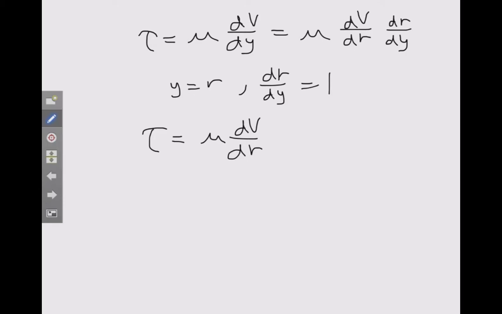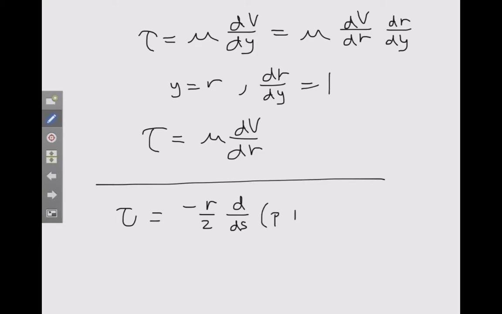But we also saw before that tau is also equal to minus r over 2 times d/ds of the piezometric pressure. I believe what's going on here is that the book is defining this from point 2 to point 1 in the flow, and I'm defining it from 1 to 2.